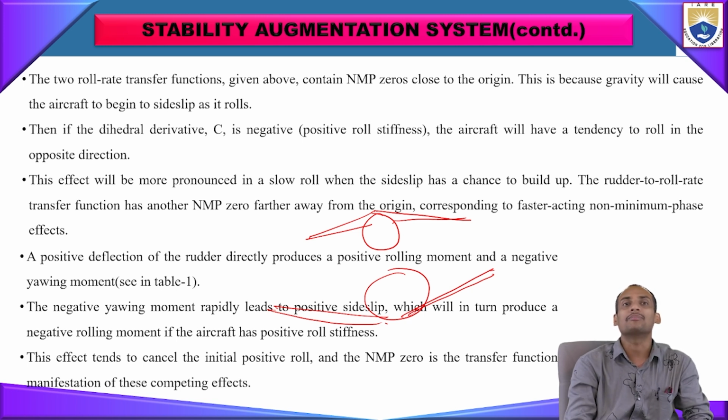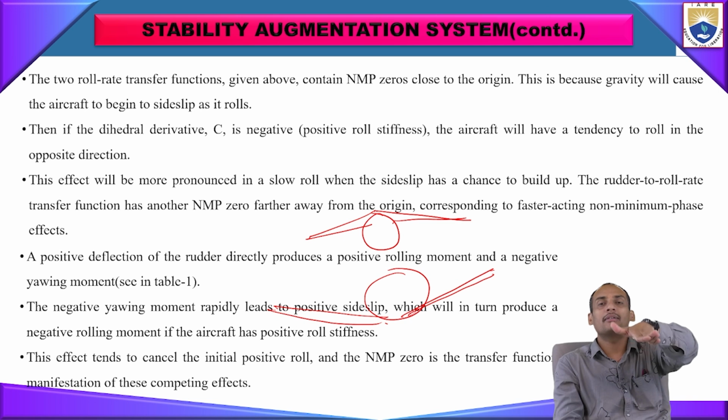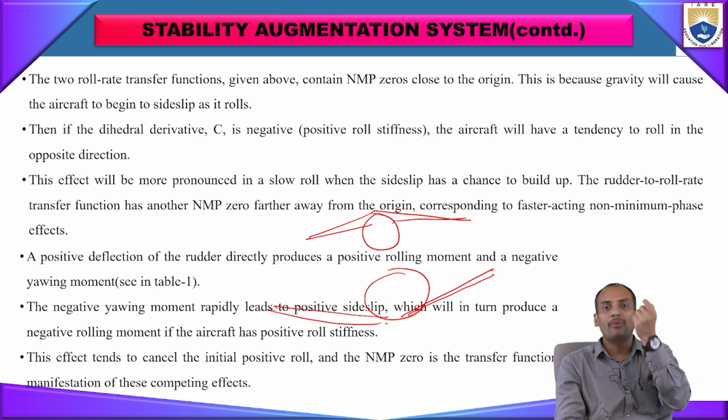So here you see that whenever we are getting a positive or negative moment, with respect to this SAS system, why are we using the SAS system here? Because when we are getting the positive or negative moment, the Dutch roll moment should be avoided.